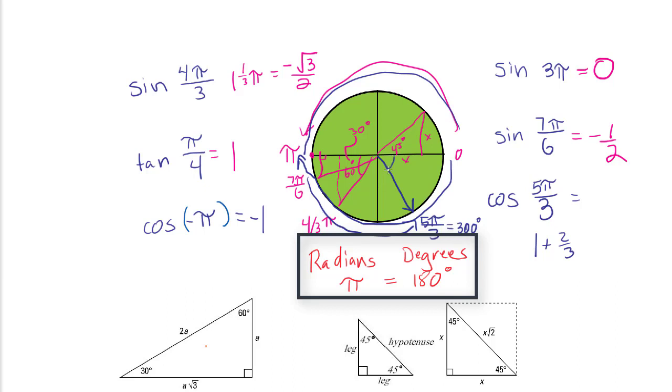That means our terminal angle is 60 degrees in the fourth quadrant. So the cosine here is the horizontal leg. It will be positive. The cosine of 60 degrees, we know, is 1/2. So it's going to be plus 1/2 for the cosine. And that's how we go about answering these types of problems.